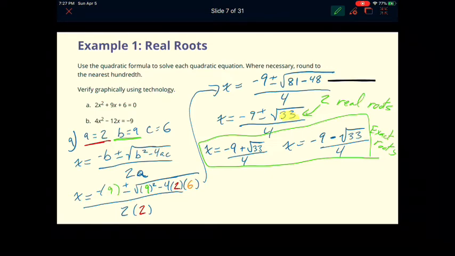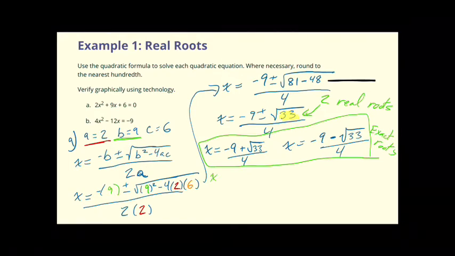So square root of 33. Calculator's not working. So all together, then we end up with x equals -9 plus, and I'm going to round it to 2 decimal places, 5.74 all over 4.